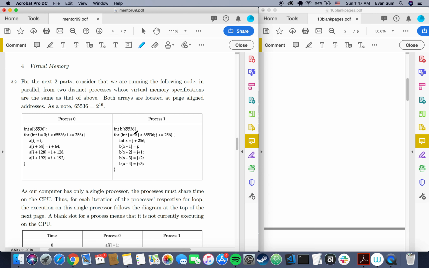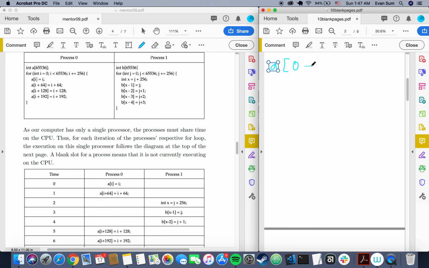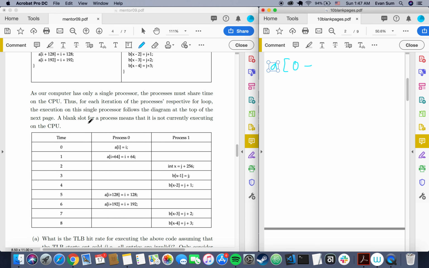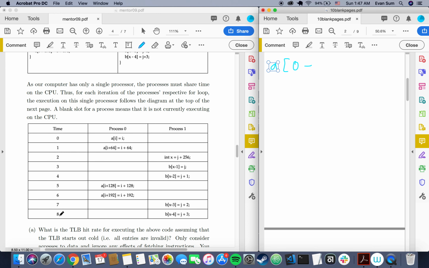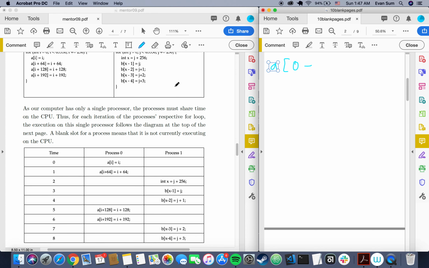So we're going to look at this code, and you can see that at most, the distance we go from any address, for A, is from 0 up to, I'm assuming, time 8. The most we go for A is from I, which represents 0 in the beginning, to 192. That's all we need.